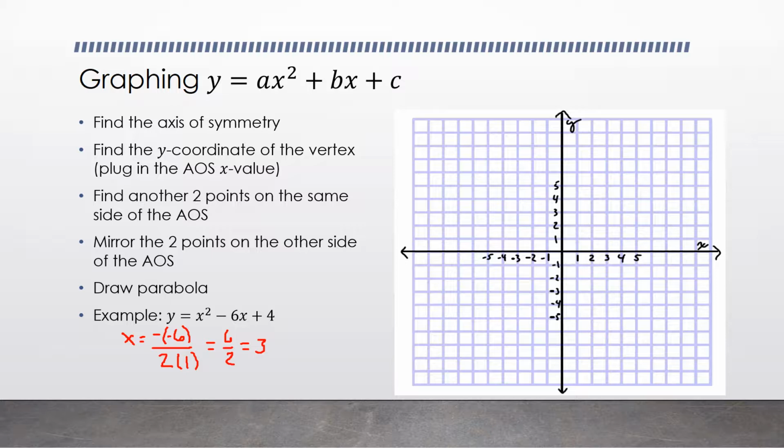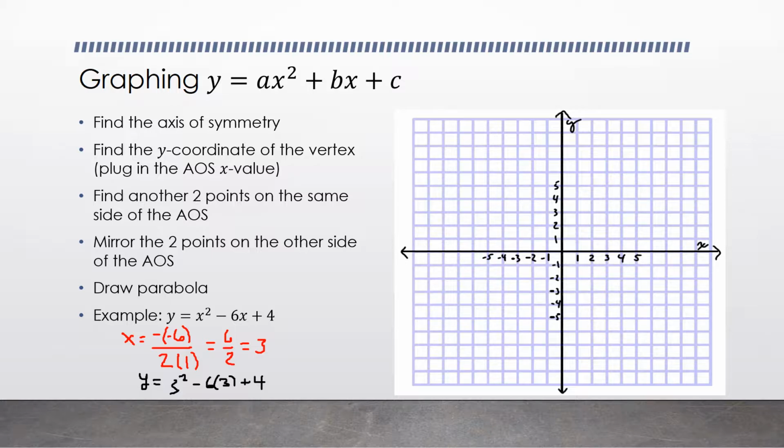Let's find the y value for x equals 3. So y equals 3 squared minus 6 times 3 plus 4.